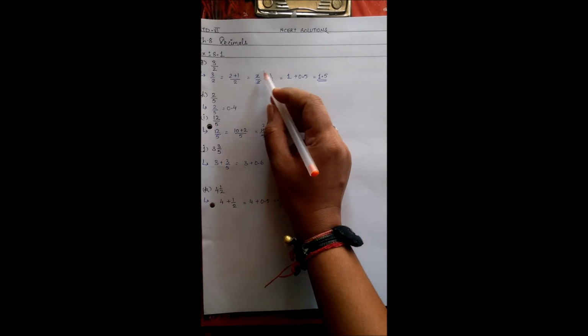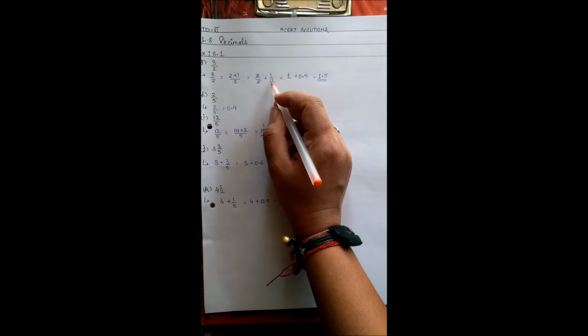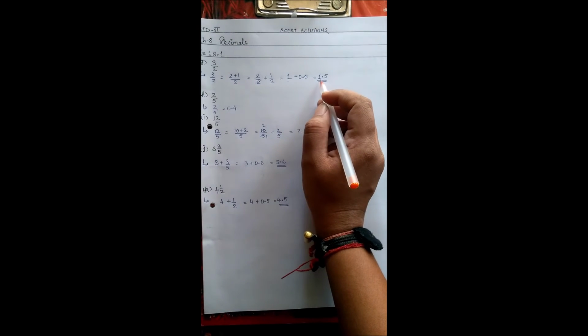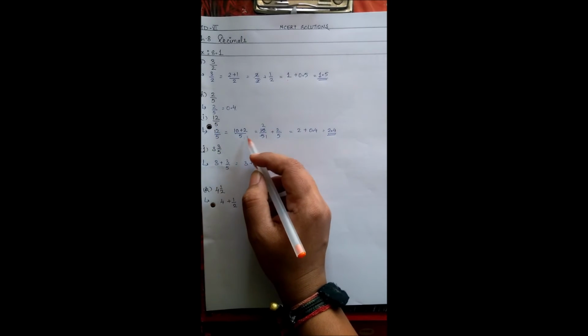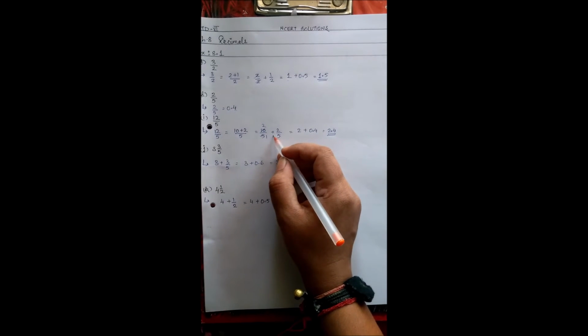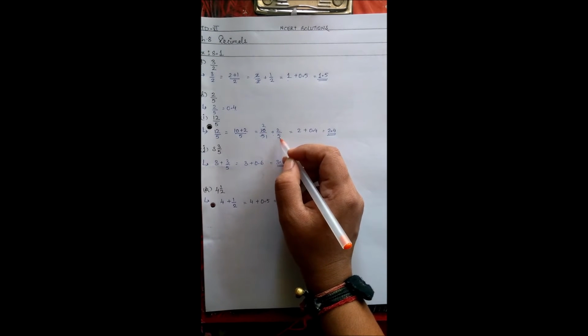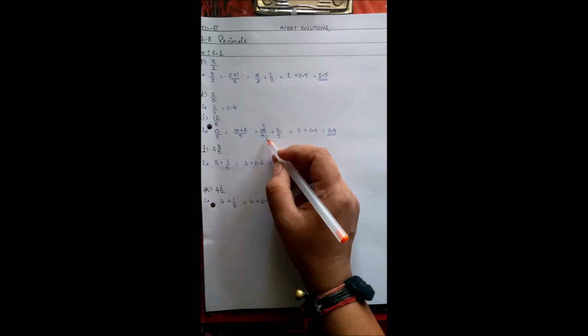Next, 3 upon 2. 3 upon 2 can be written as 2 upon 2 plus 1 upon 2. So 2 upon 2 we can cut, that is 1, and 1 upon 2 is 0.5. So it is 1.5. 2 upon 5 can be written as 0.4. 12 upon 5 can be written as 10 upon 5 plus 2 upon 5. 5 ones are 5 and 5 twos are 10.